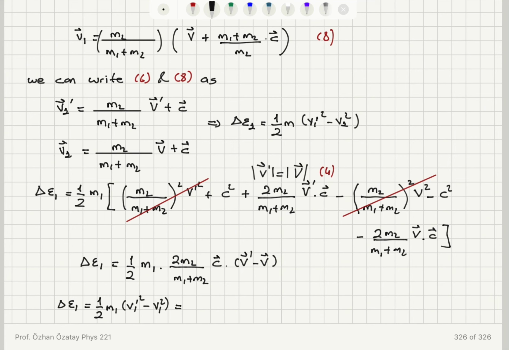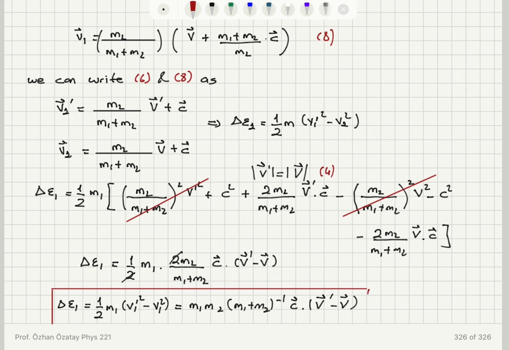This can be written as, since the 2's cancel here, m1 m2 (m1 + m2) to the power minus 1, the dot product of the center of mass velocity with the difference in the relative velocities after and before the collision, as suggested by the problem.